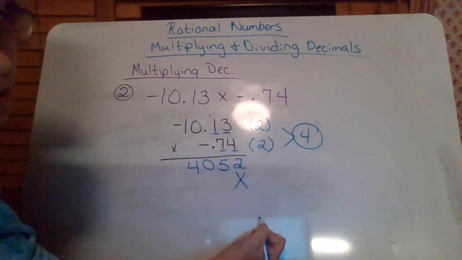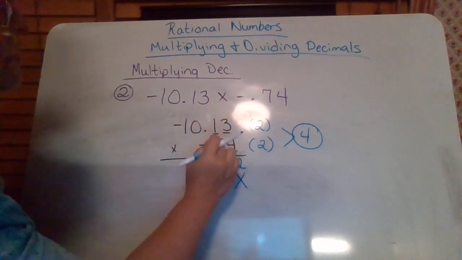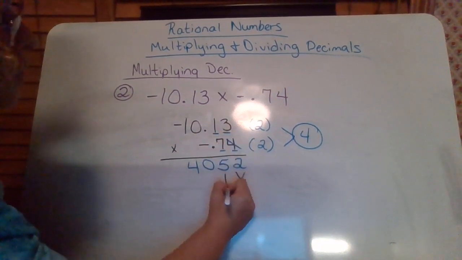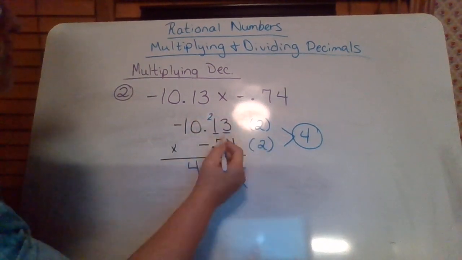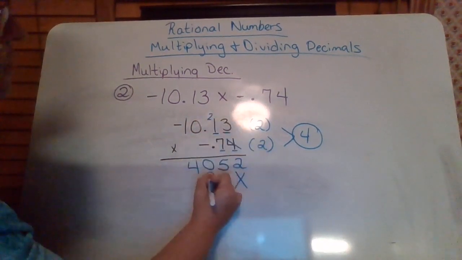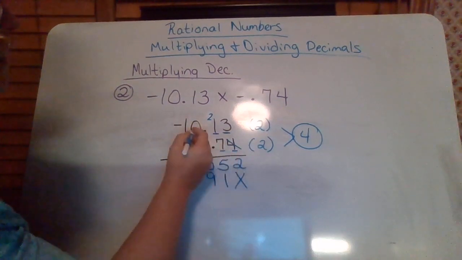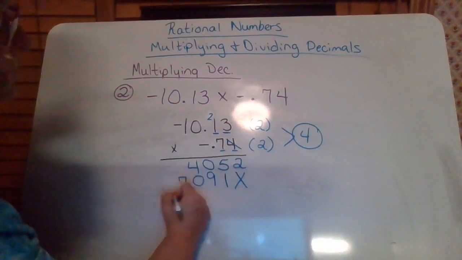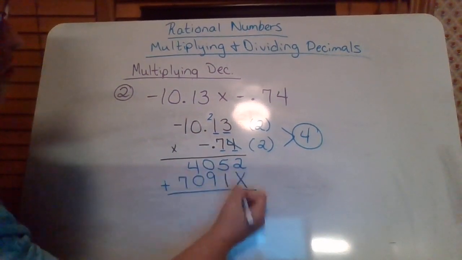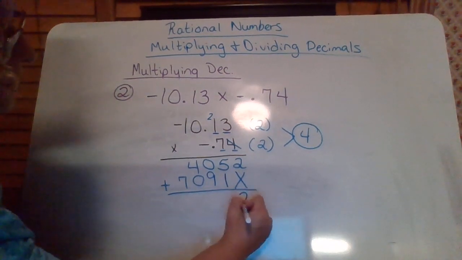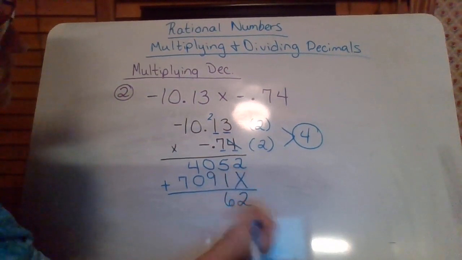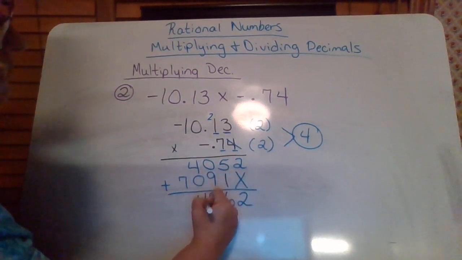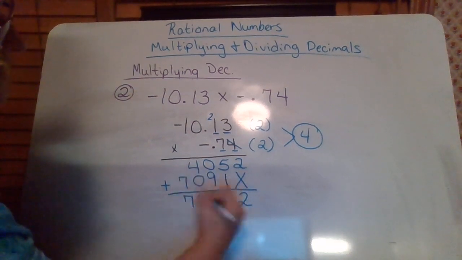Don't forget your placeholder. 7 times 3 is 21, so drop your 1, carry your 2. 7 times 1 is 7, plus 2 is 9. 7 times 0 is 0. 7 times 1 is 7. And I'm going to add 2 plus nothing is 2. 5 plus 1 is 6. 0 plus 9 is 9. 4 plus 0 is 4. And then you have your 7.